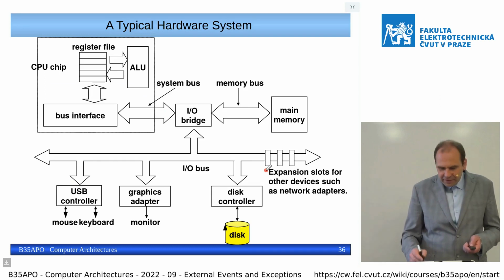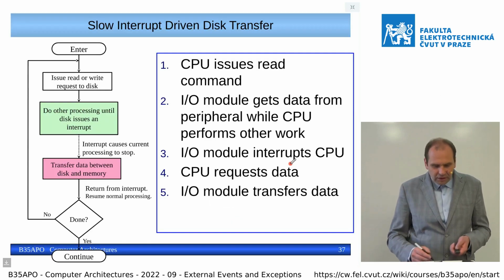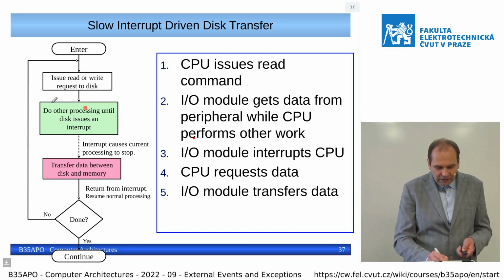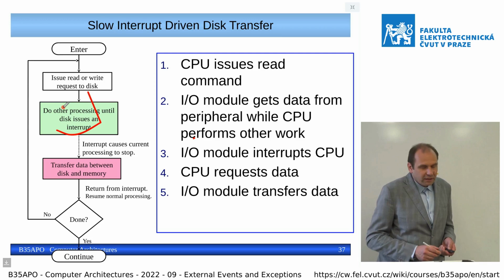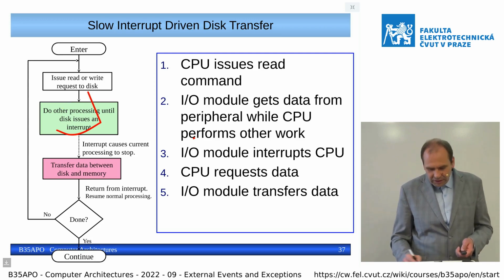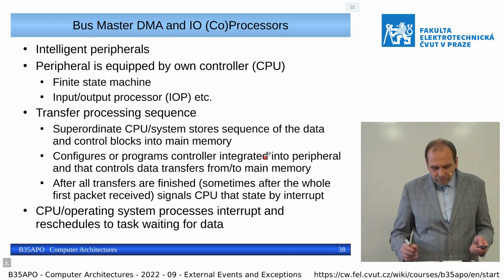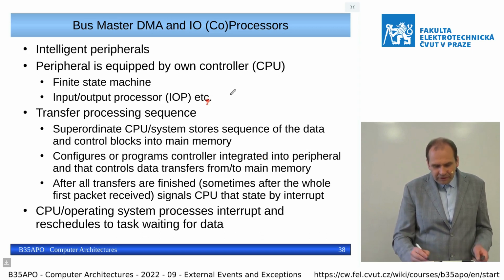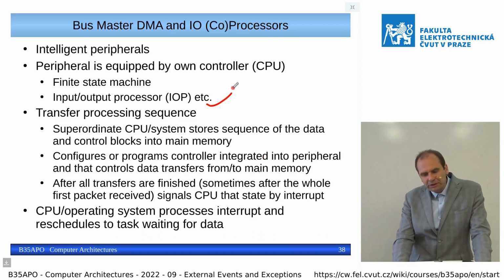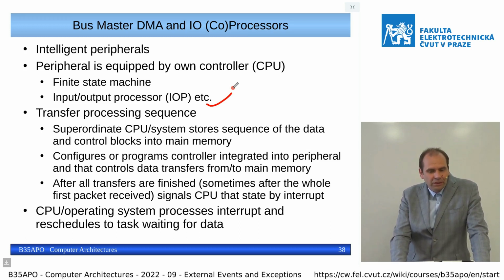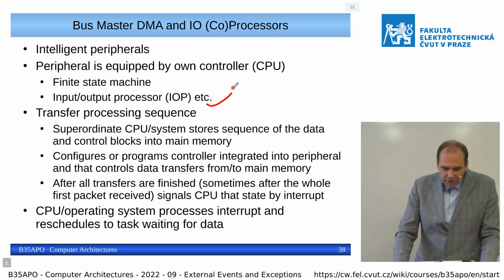Again, there are different setups of how it can look. It is slow when you respond to the actual interrupt and process data in the interrupt, so you want to do that through the DMA. And you can have even some input-output coprocessors. In fact, the whole GPU is only a coprocessor to the main operating system, so you can look even at such complex stuff as an input-output or GPU coprocessor.